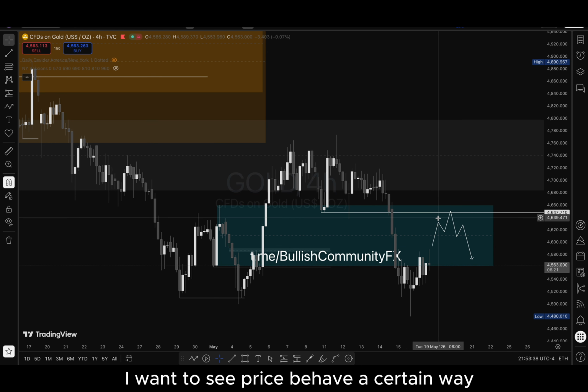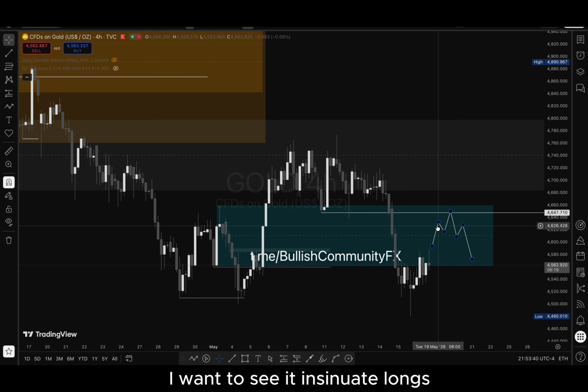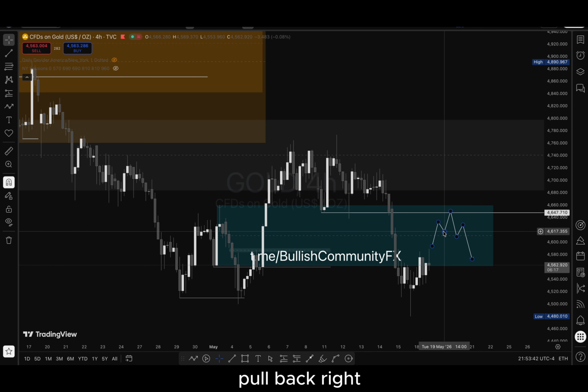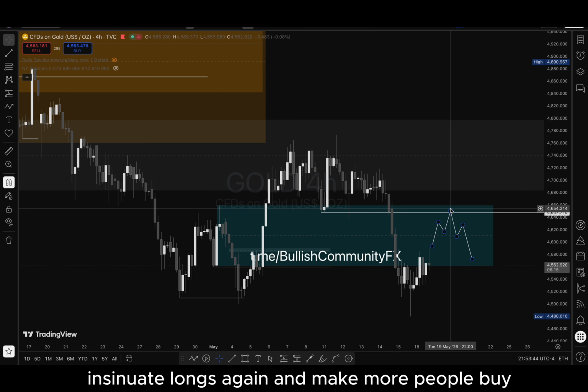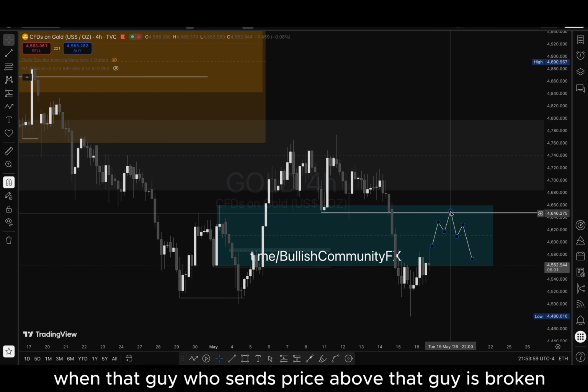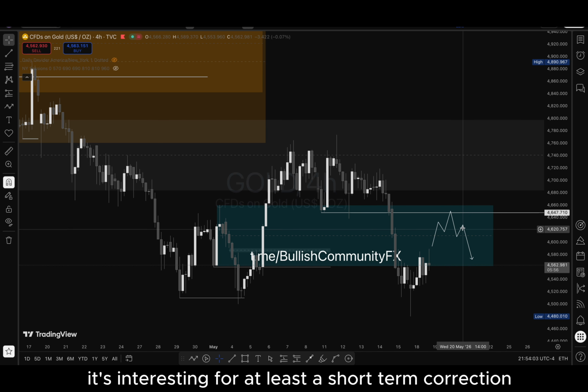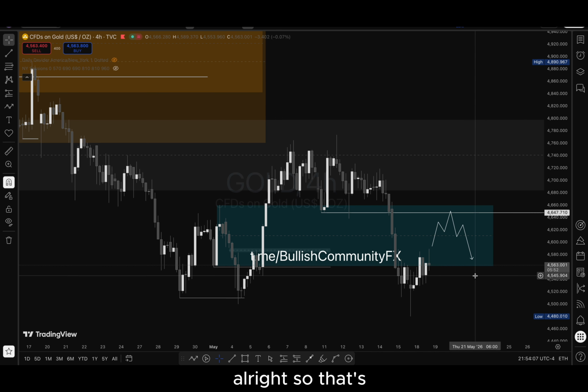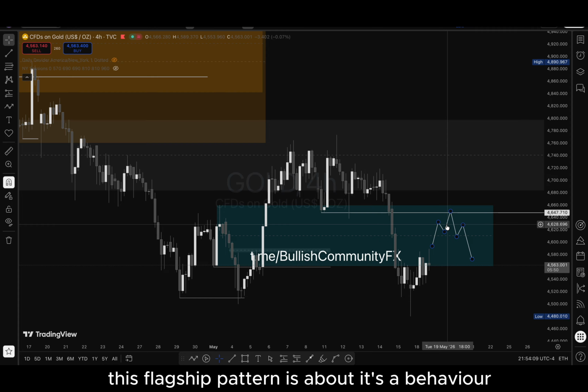I want to see price behave a certain way. I want to see it insinuate longs, pull back, insinuate longs again and make more people buy, and then break that low. When that low that sent price higher is broken, now it's interesting for at least a short-term correction.